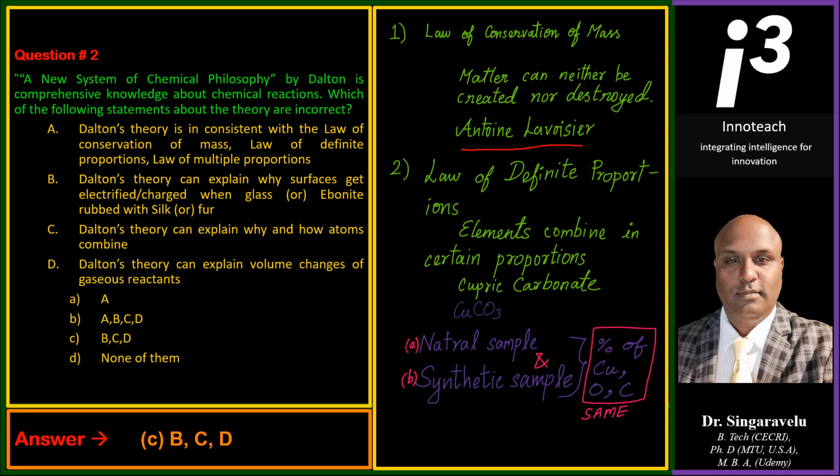For example, in the case of cupric carbonate, CuCO3, a natural sample and a synthetic sample were taken, and it was identified that they all have the same percentage of copper, oxygen and carbon. Which clearly gives the evidence that they have elements combined in a certain proportion and it is the same.